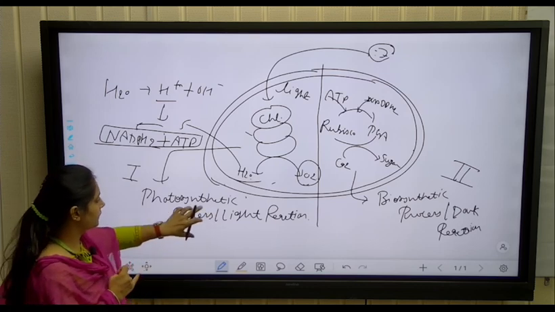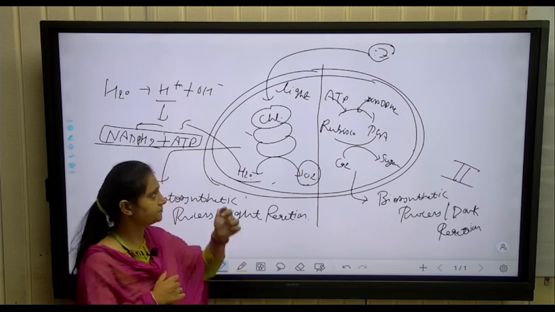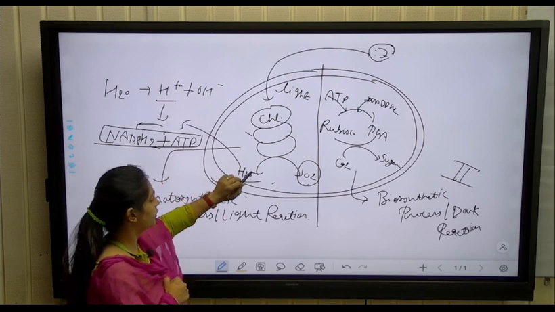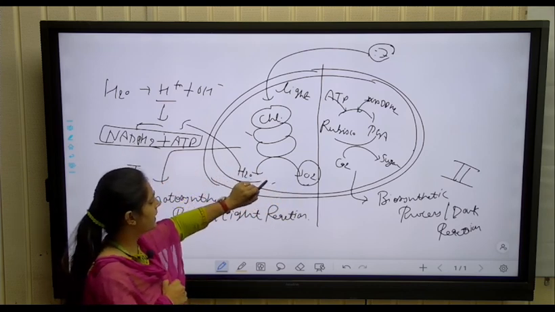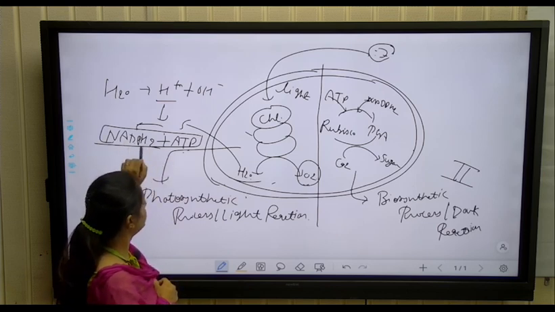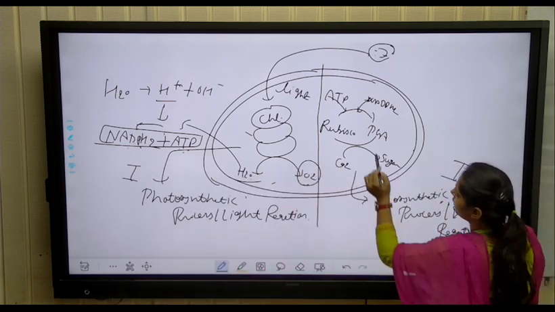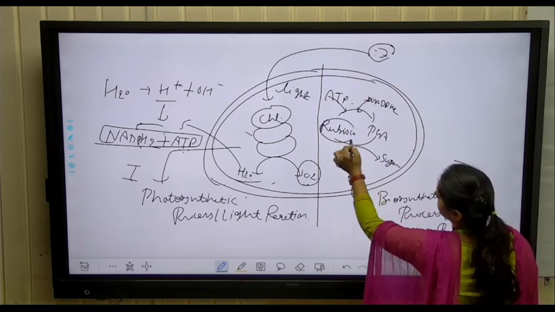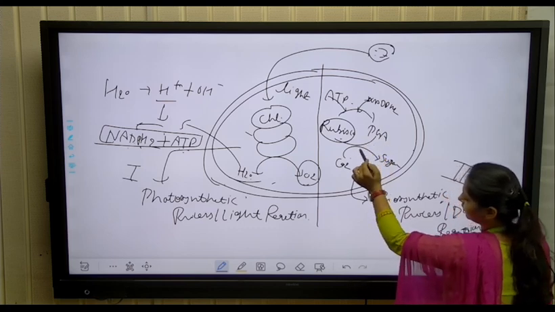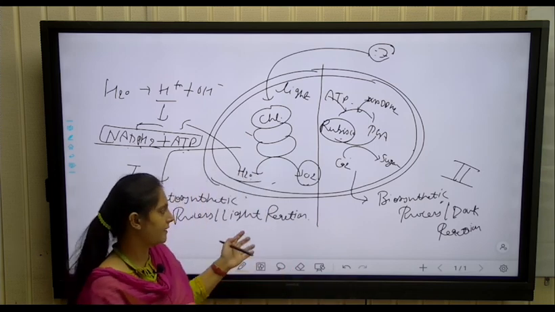Like the first reaction, that is the photosynthetic phase, which means photosynthesis is done there. Light is utilized to generate energy and for the photolysis of water, and these hydrogen ions are used to make NADPH2, and these two things will be used during the second process, that is the biosynthetic process, for the conversion of CO2 to sugar, that is the starting product and that is the final stable product, which we will discuss later during the detailed mechanism of these two reactions.